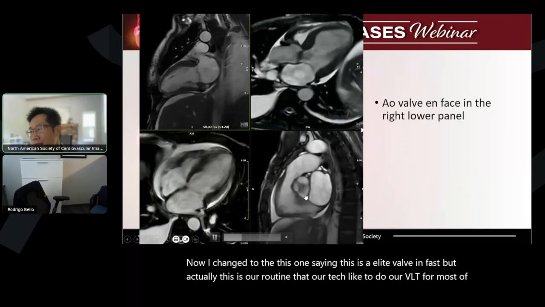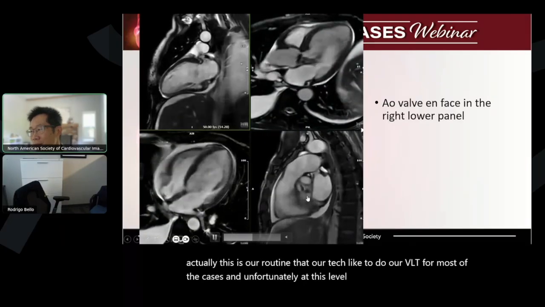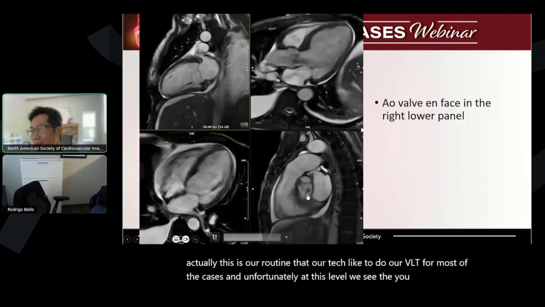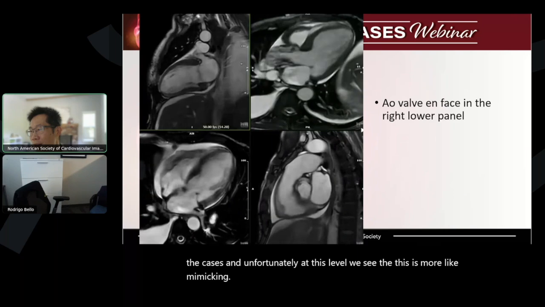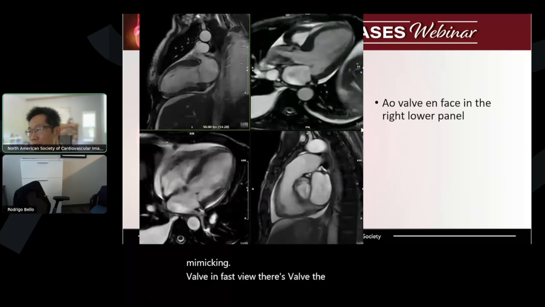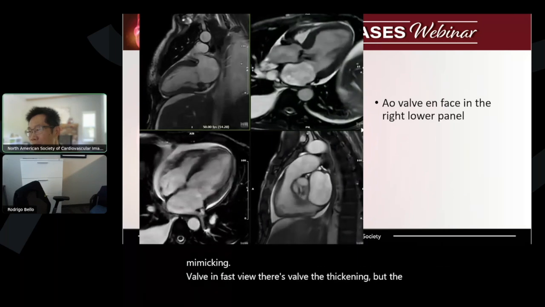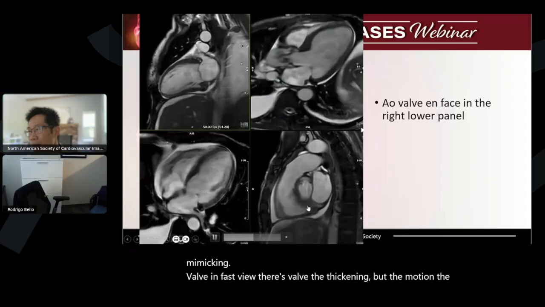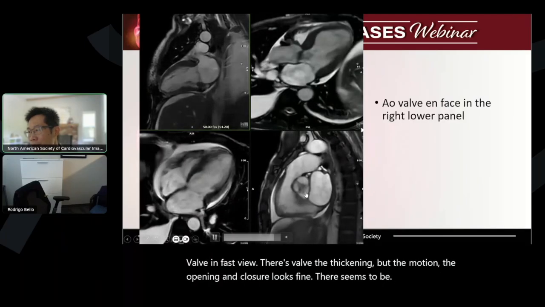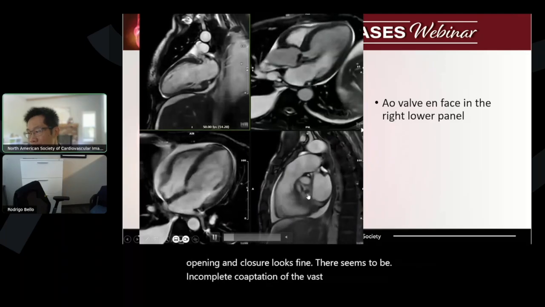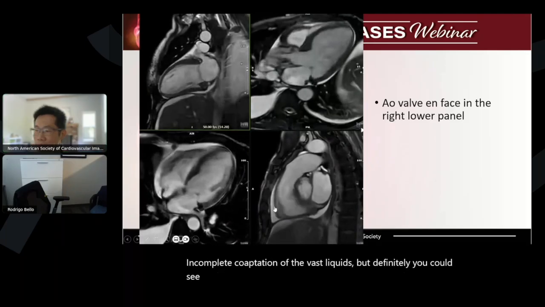And unfortunately, at this level, it is more like mimicking a valve view. There's valvular thickening, but the opening and closure look fine. There seems to be incomplete coaptation of the valve leaflets, but definitely you can see some lobulated thickening right here.